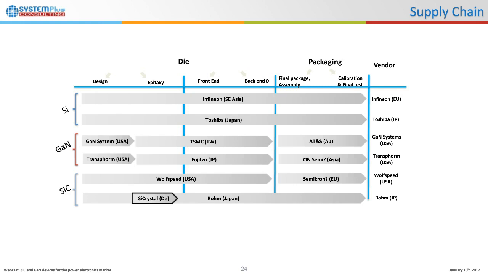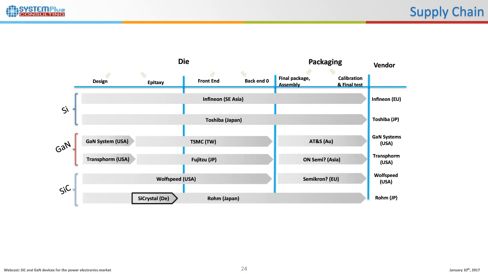As for silicon carbide, in the past the big supply chain structure was a manufacturer that did the design, the epitaxy and front end, and then the packaging was done by someone else. Rohm is a particular case because, with the acquisition of SiCrystal, it is now doing everything inside.